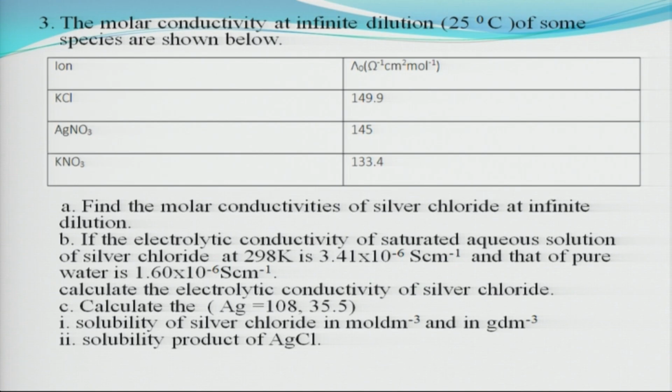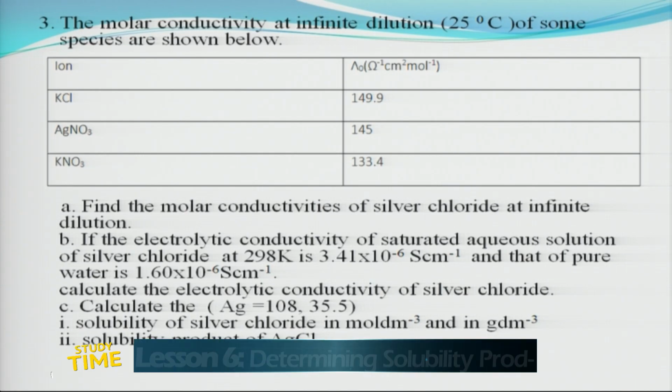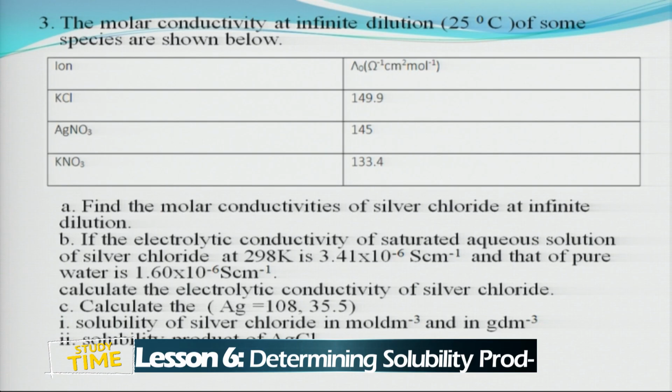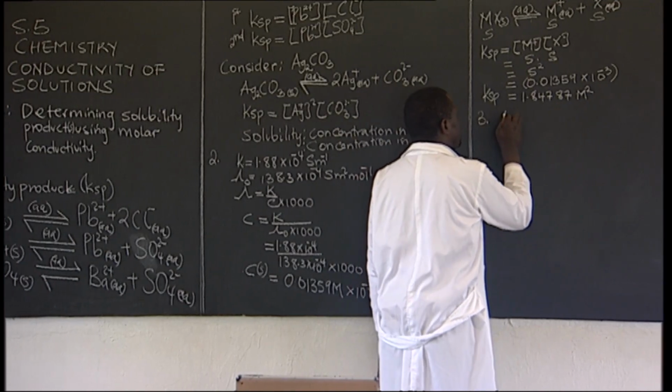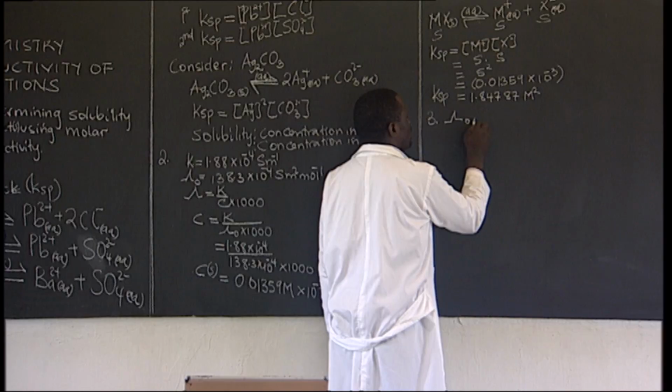So we are going to do that one also very quickly. In our previous lesson, we had seen how to get the molar conductivity of different compounds if they have given you the molar conductivity of some compounds. So we can borrow that idea of Kohlrausch's law of infinite dilution. Here we are on question number 3. We want the molar conductivity at infinite dilution of silver chloride.